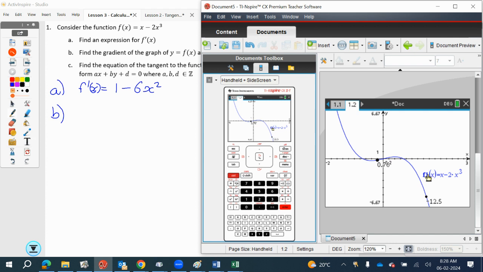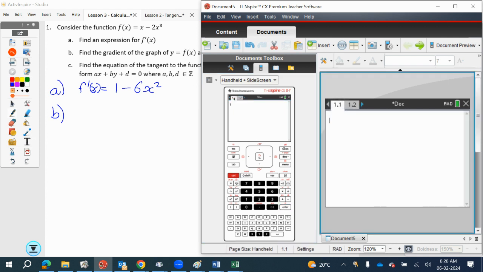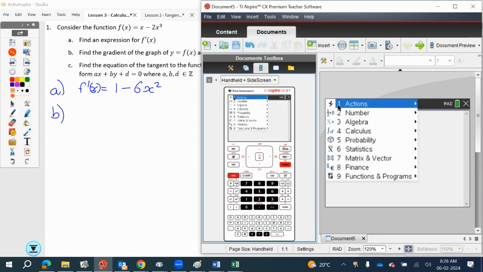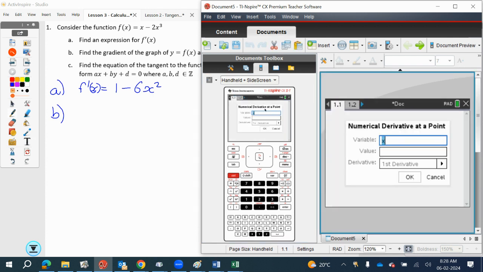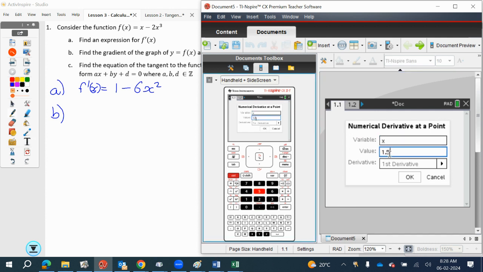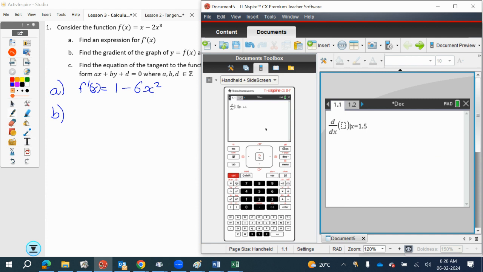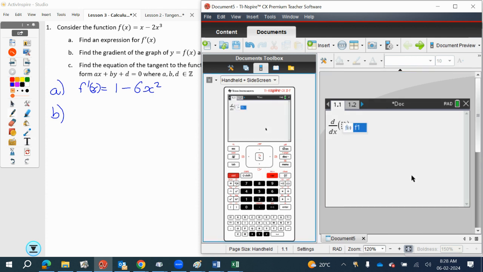If you want it as a decimal or as a fraction, sometimes I prefer to do it here. On this one, we press menu, calculus, numerical derivative at the point. We need the point 1.5. It pops up this first. We've got the function stored there.